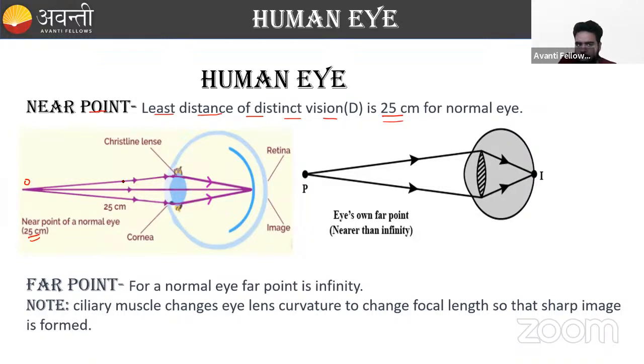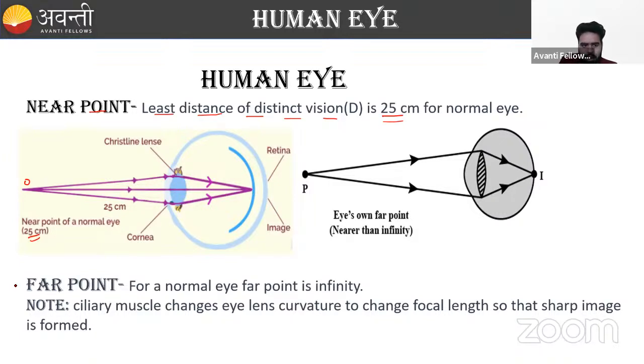The ray coming from this object, after refraction, as we know the eye lens has converging characteristics, after refraction through the crystalline lens, the ray must focus at the retina, and we can see a clear image.